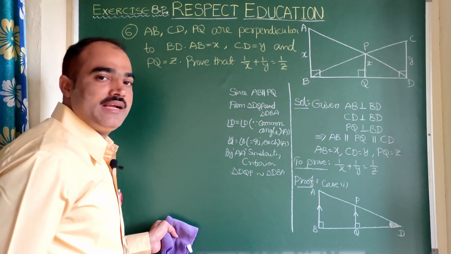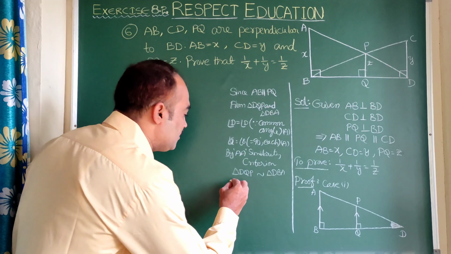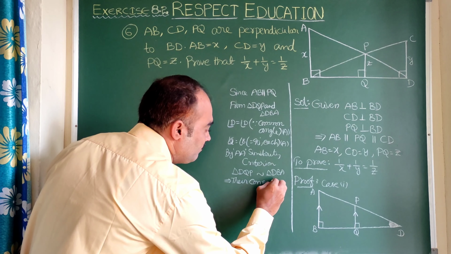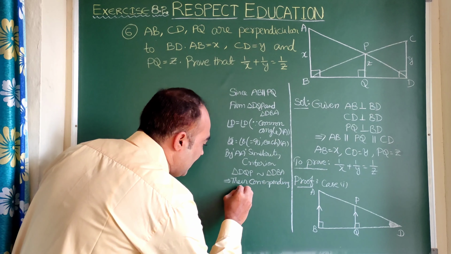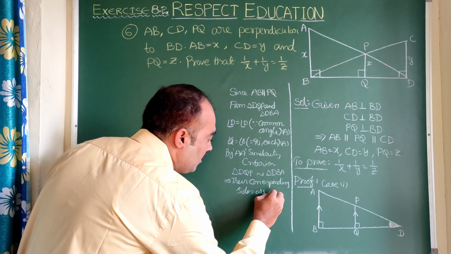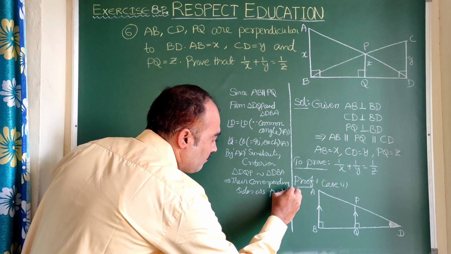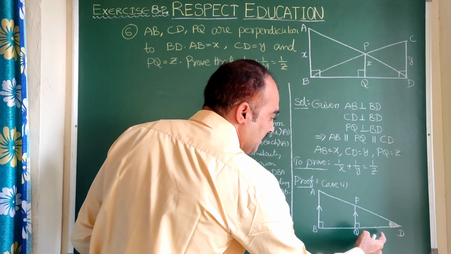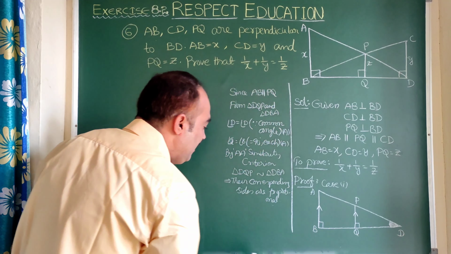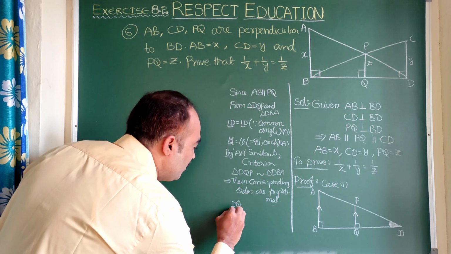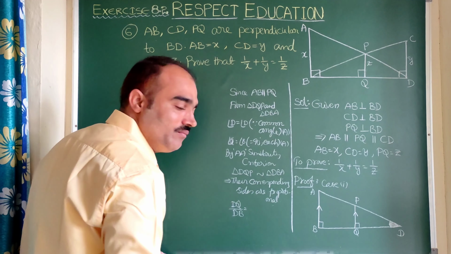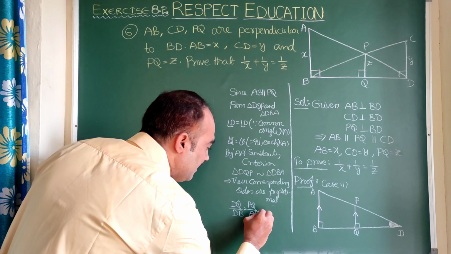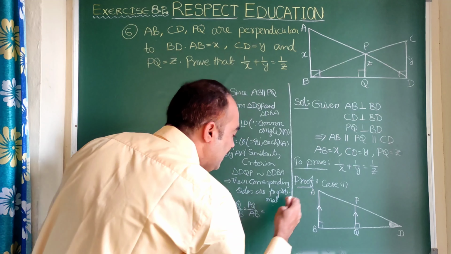As you know, if triangles are similar, then the corresponding sides are proportional. So when their corresponding sides are proportional, we take DQ by DB is equal to PQ by AB, which is equal to DP by DA.